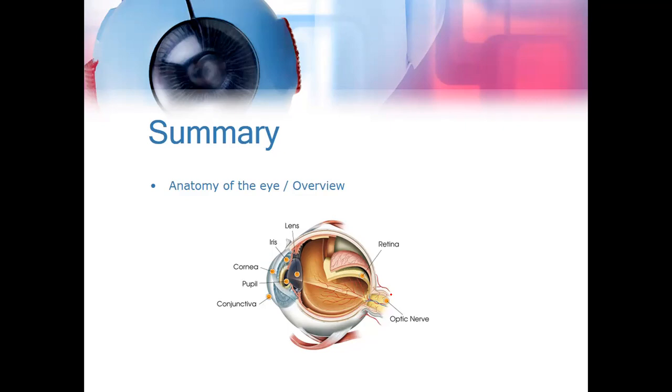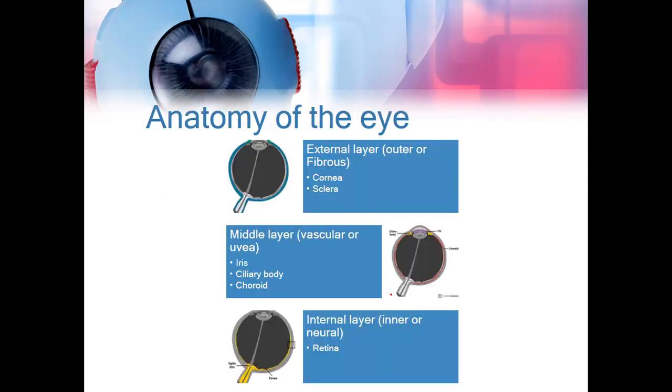So focusing on today's topic, we could divide all these structures of the human eye into three main layers. Okay, all these structures that you are seeing right now can be divided into three main layers. We have an external or outer or fibrous layer, which is composed of these two structures, the cornea and the sclera.